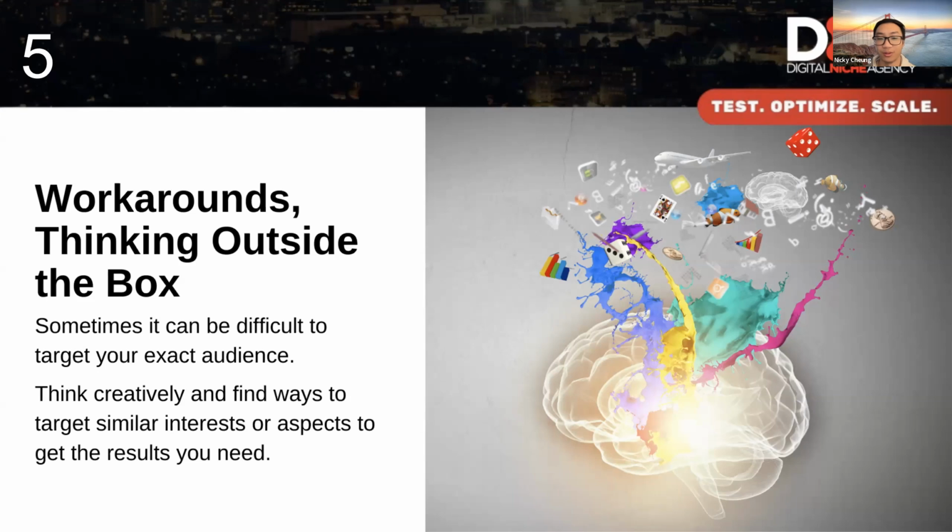So one example that I like talking about is we work with a more political type campaign. They want to target people who are more Republicans. And obviously you can't target people based on their political affiliation on Facebook. Not anymore, at least. Maybe a couple of years ago, you could. You could even target like Donald Trump, right? But you can no longer do that. That's not an option. So we thought outside the box here. How can we still target those people without directly targeting those people?